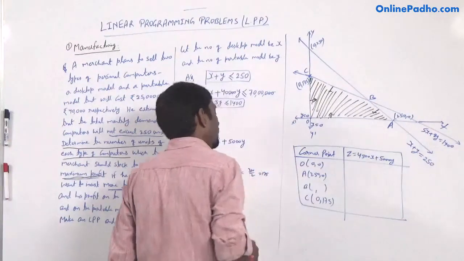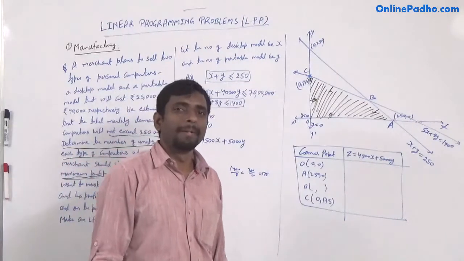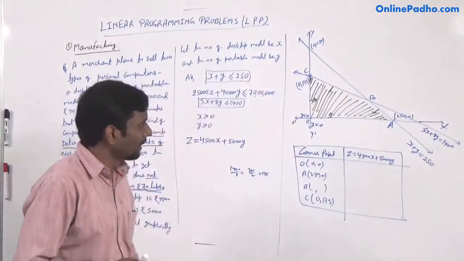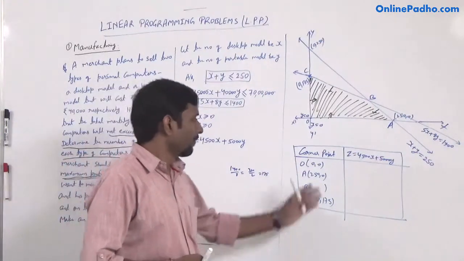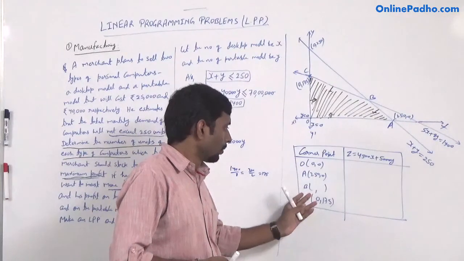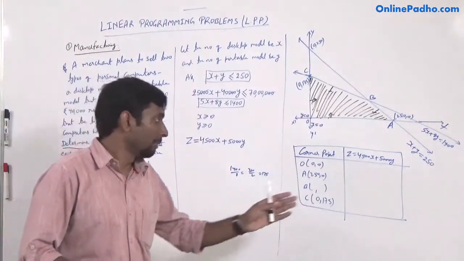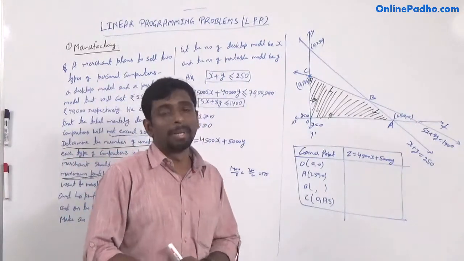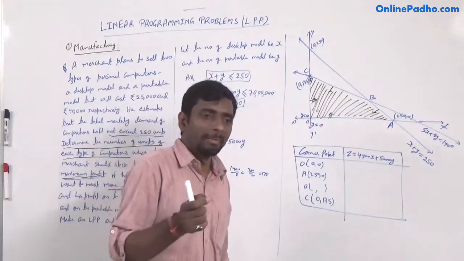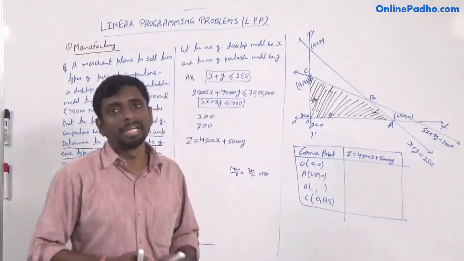By observing the graph paper, you can find the coordinates of point B. So now you can find Z for points O, A, B and C. Whichever is maximum, that is the maximum point, and you will get the maximum profit and the point at which it occurs.